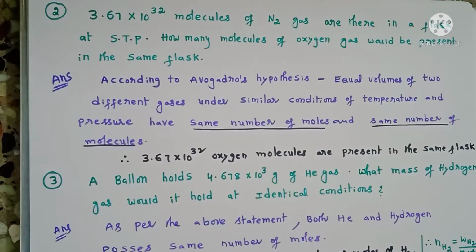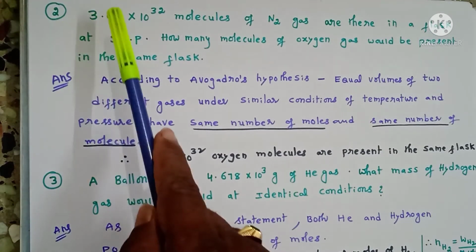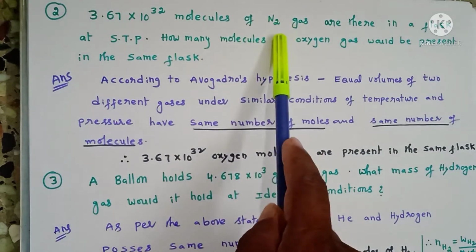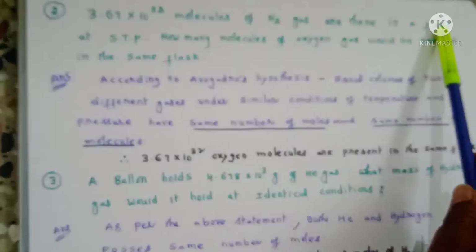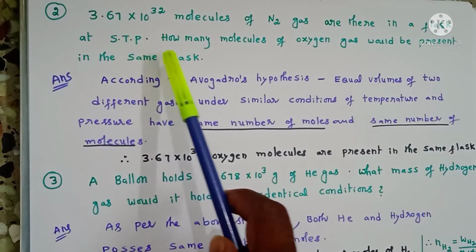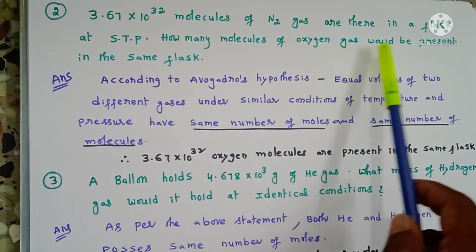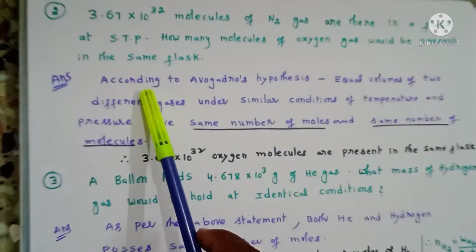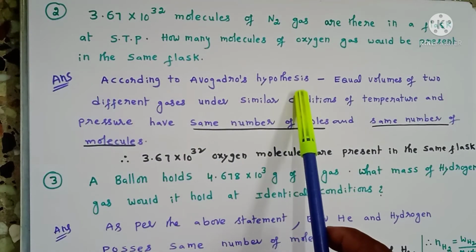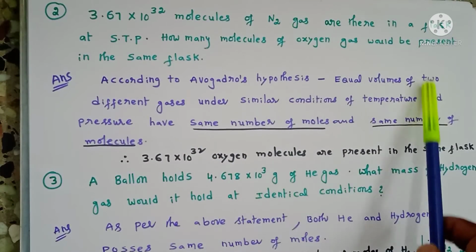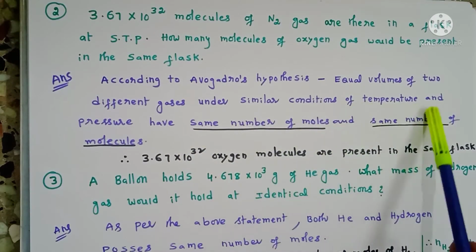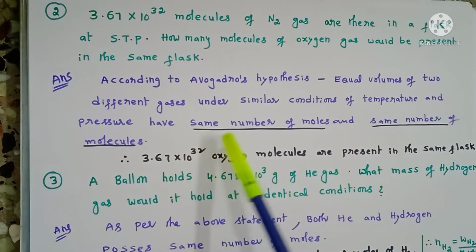Now coming to the next question. 3.67 × 10^32 molecules of nitrogen gas are there in a flask at STP. How many molecules of oxygen gas would be present in the same flask? According to Avogadro hypothesis, equal volumes of two different gases under similar conditions of temperature and pressure have the same number of moles and the same number of molecules.